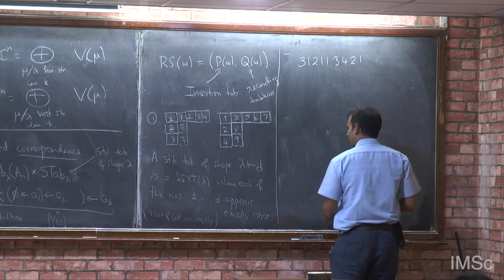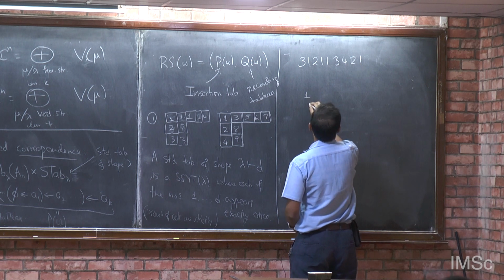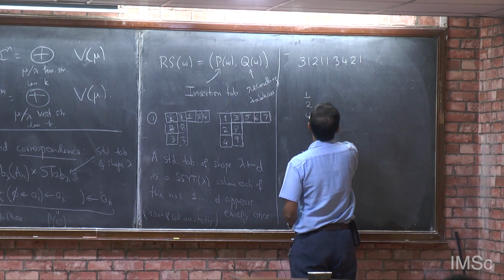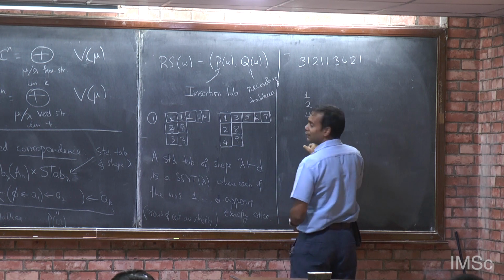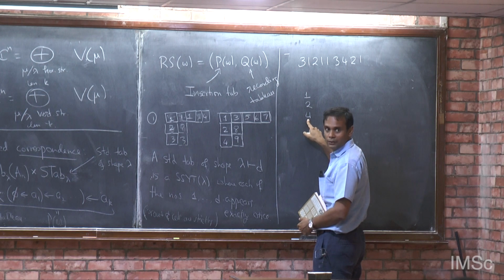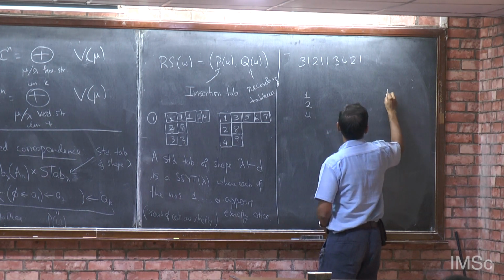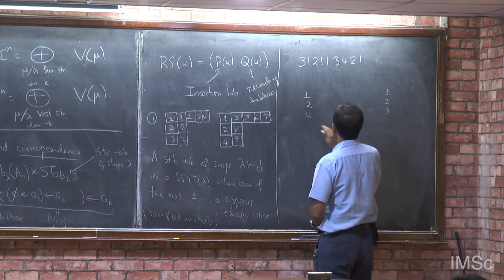At the first stage I have 1, I am inserting this 1, and then I am inserting 2, and then I am inserting 4. Then I have to put a 3 in here, but the 3 should displace the 4 and send it to the next column. Anyway, let us also record the order in which things happened.